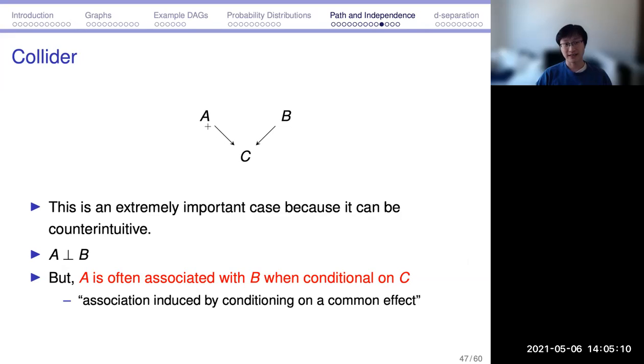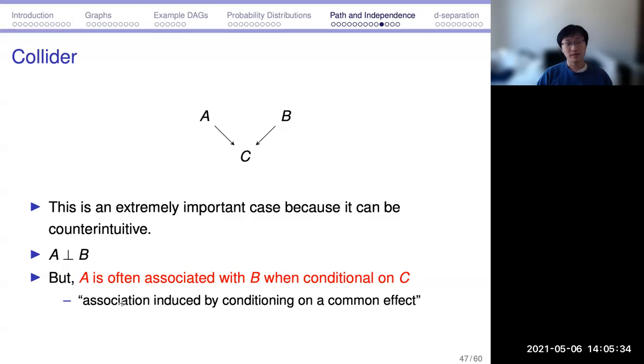The fact that in the collider structure, the parents A and B are correlated when conditioning on the collider C is sometimes called association induced by conditioning on a common effect. This is because C can be seen as the common effect of A and B.